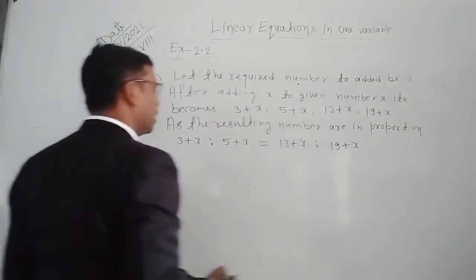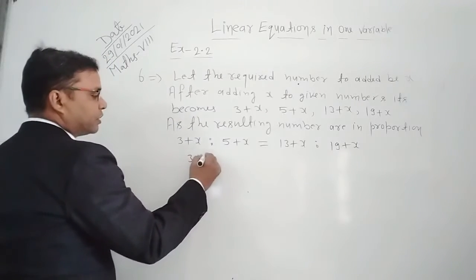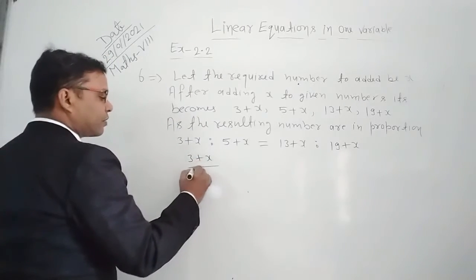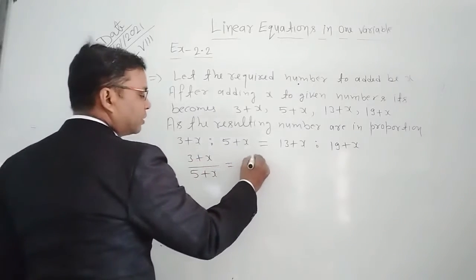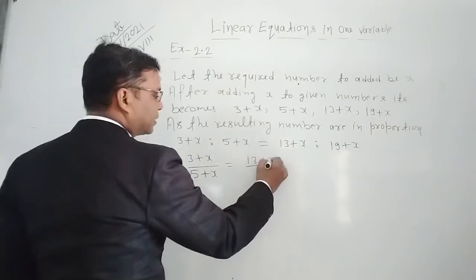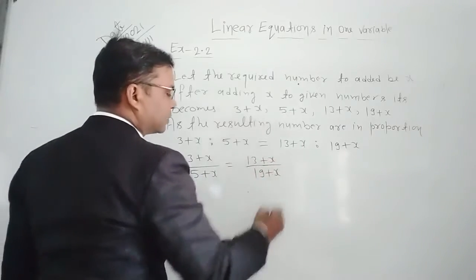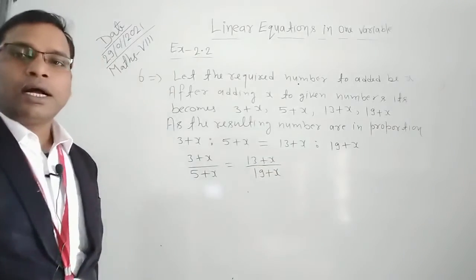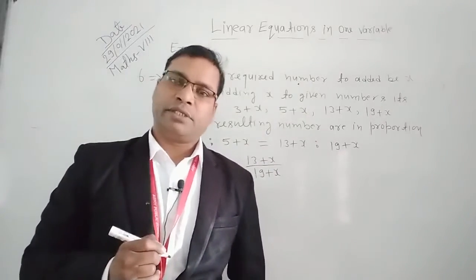Also you can write it in fractions: 3 plus x by 5 plus x is equal to 13 plus x by 19 plus x. This is clear. After this, we use the cross multiplication method.